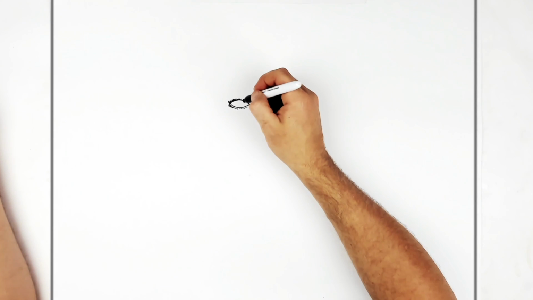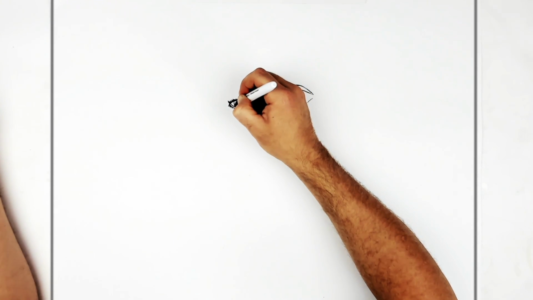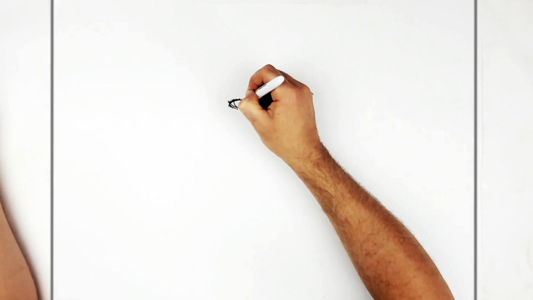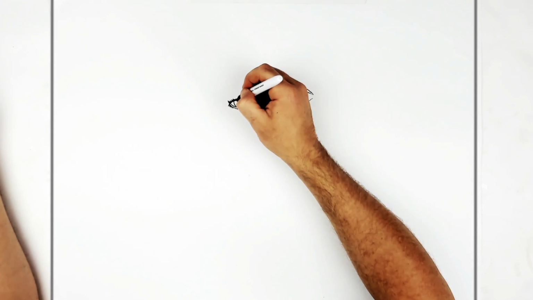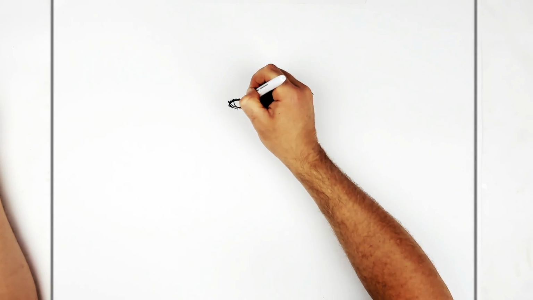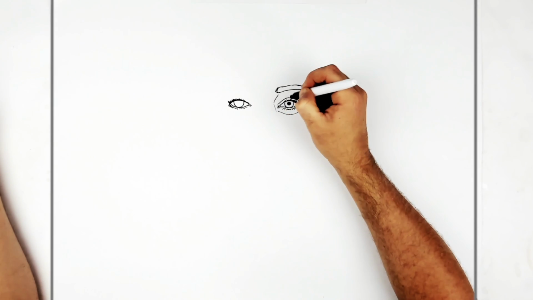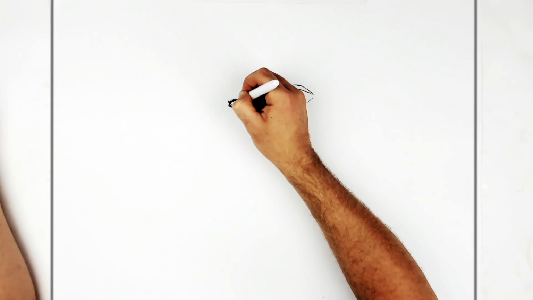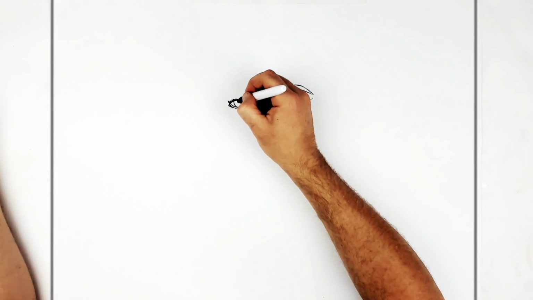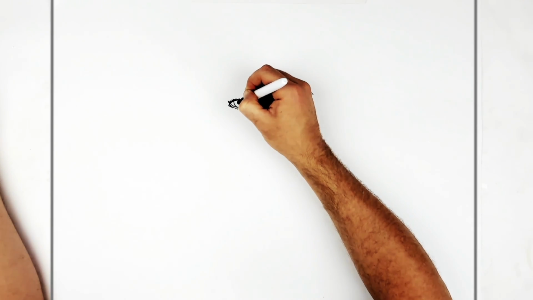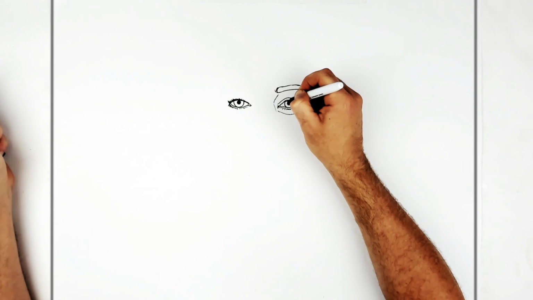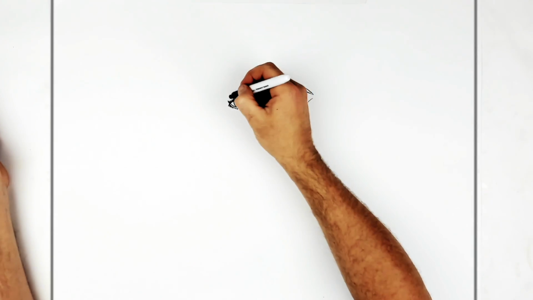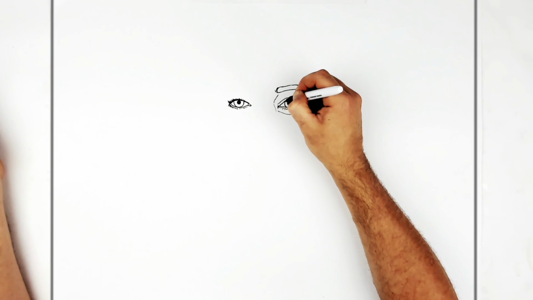Right, so iris then, coming down from the top, curving around, touching the bottom eyelid line, back up to here. Again, and then pupil somewhere in the middle. Okay, like that, and sometimes we can make one eye a little bit different. We'll even them up.